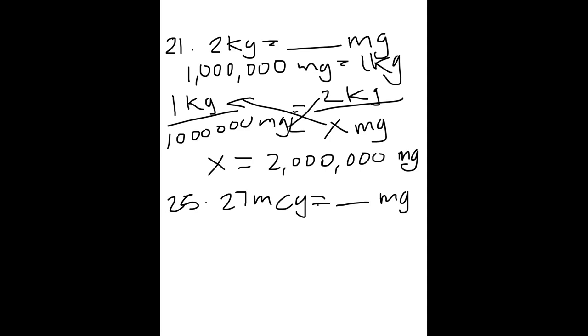So that means we move our decimal point three spaces to the left. Okay, so let me put this here. 1, 2, I'm going to have to add a 0, decimal point, and then another 0. So that would give me 0.027 milligrams, because I'm converting from a smaller to a larger unit.